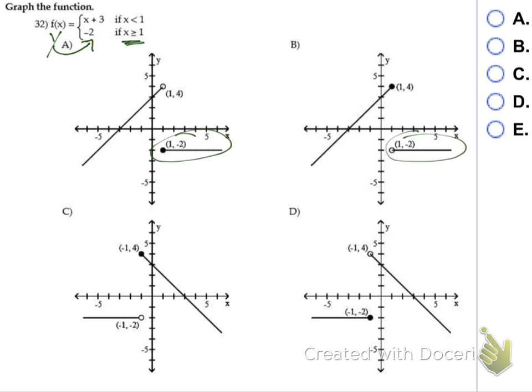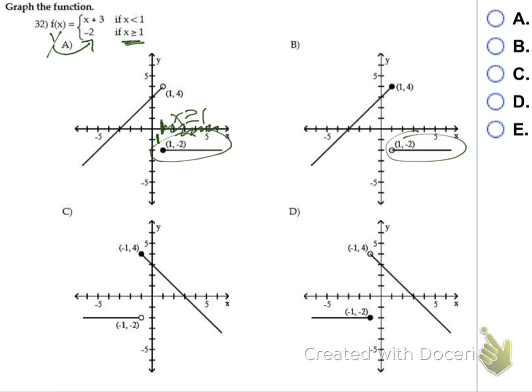B doesn't. Right, B's got another problem. It's got greater than or equal. Right, I'm with you. But let's first focus on the main idea. Everybody with me on the main idea? There's got to be a level piece from x equals positive 1 and to the right, greater than or equal to 1. That's to the right of 1.